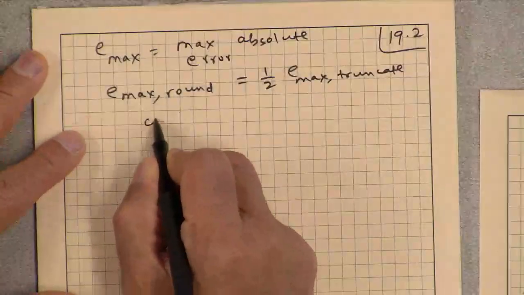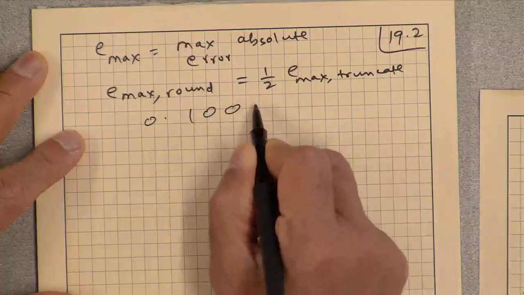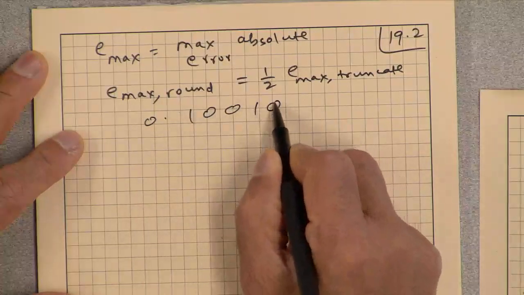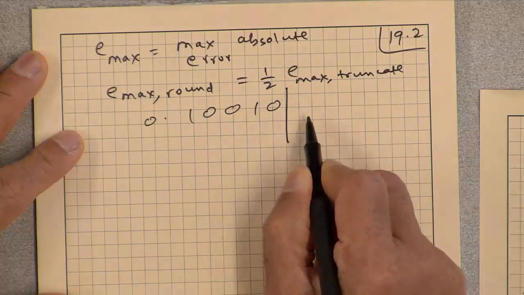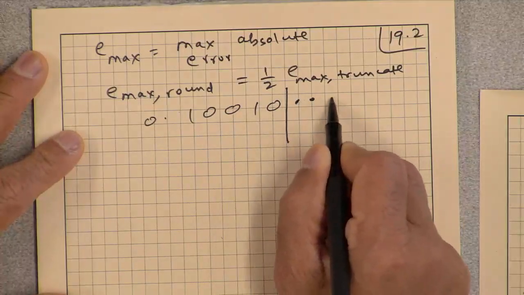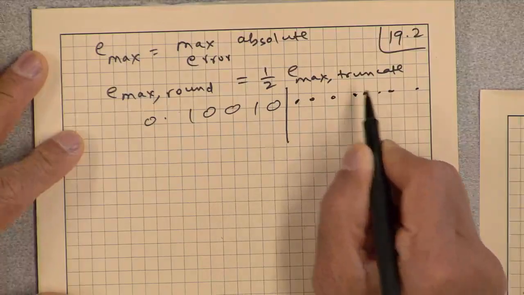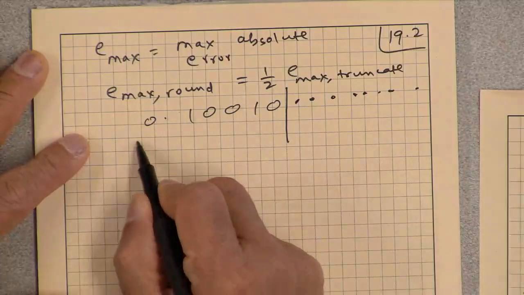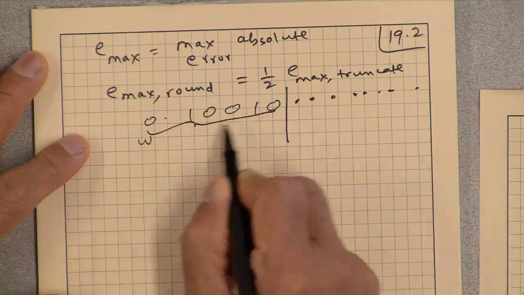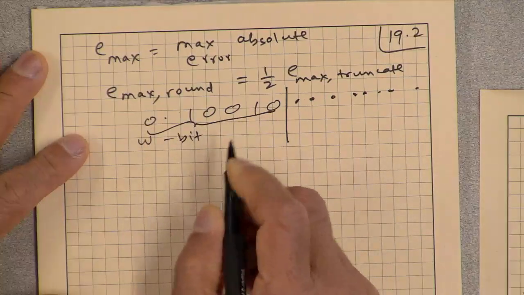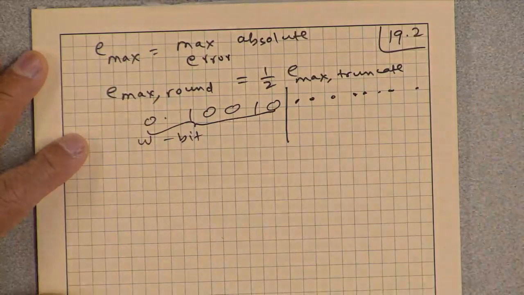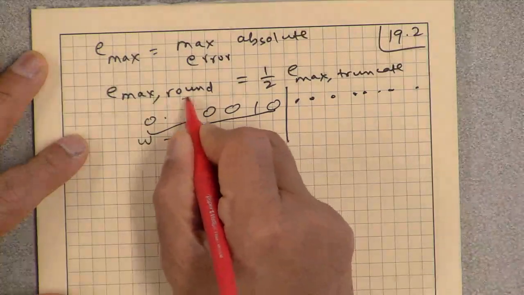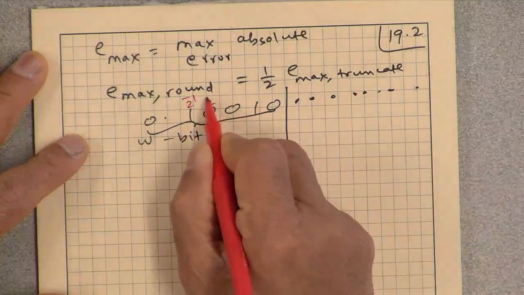So let's say I have a number 0.10010, and then we have many more bits here. Let's say this is W bits, and the weight of this is 2 to the power minus 1, 2 to the power minus 2.